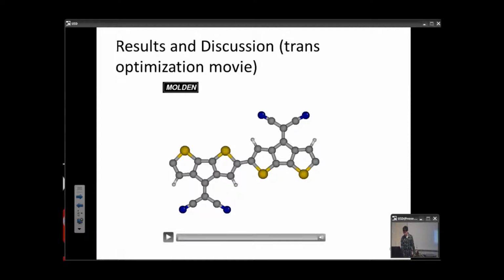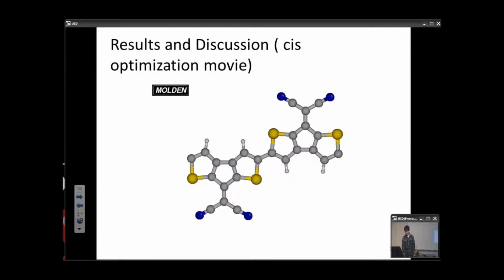And here is our trans optimization movie. You can see it moves very slowly, basically no movement, and then suddenly it has some big movement, and then it stops. Basically, if it doesn't move very fast, it means it's very easy to optimize.